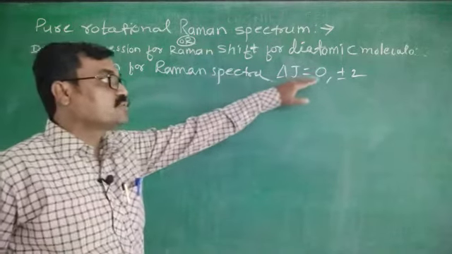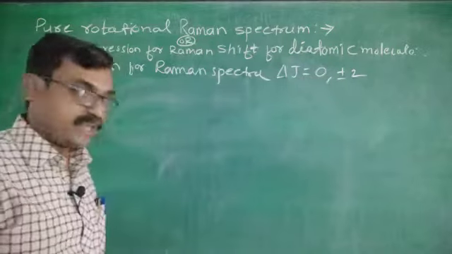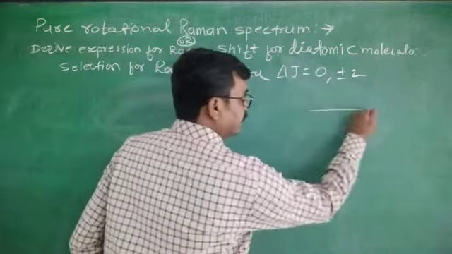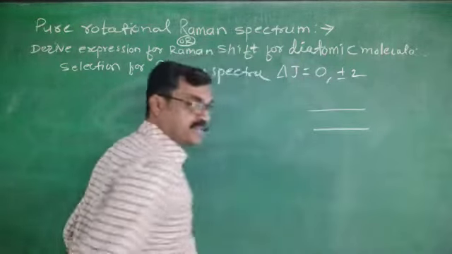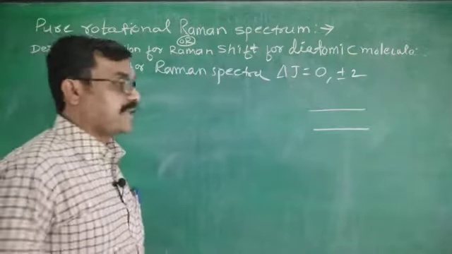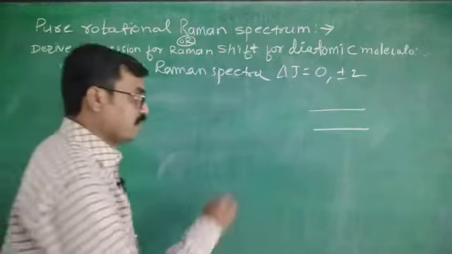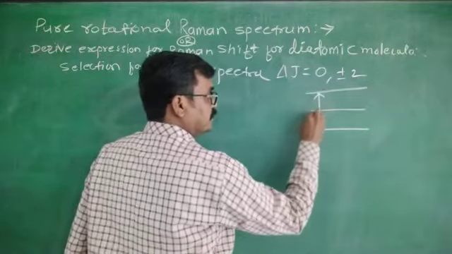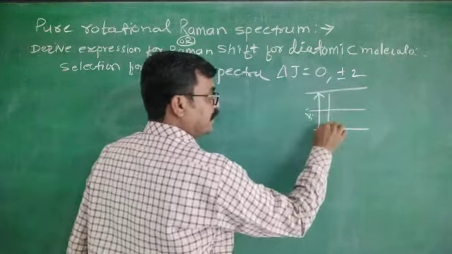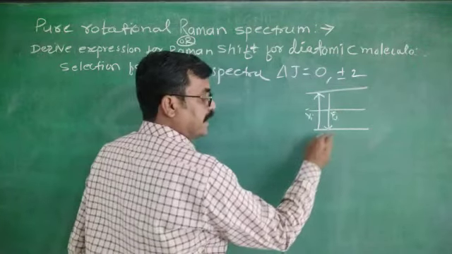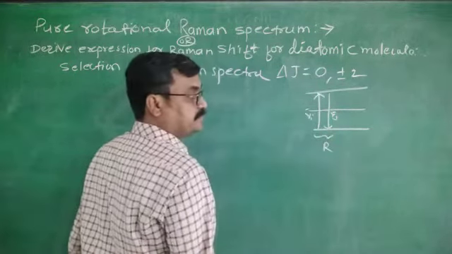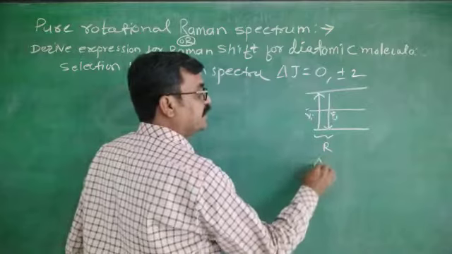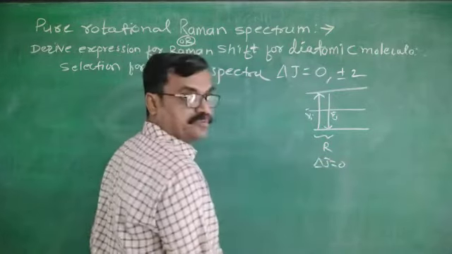Delta J equals 0, plus minus 2. See, you know in Rayleigh scattering the frequency of incident light and scattered light are both the same. Diagrammatically, if this is nu I bar, then it will be nu s bar, and this is Rayleigh scattering. Here delta J equals 0.